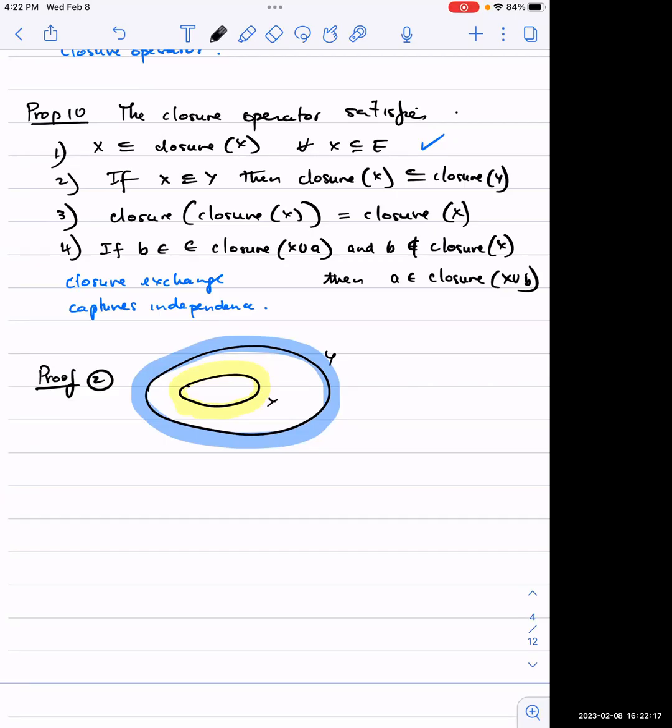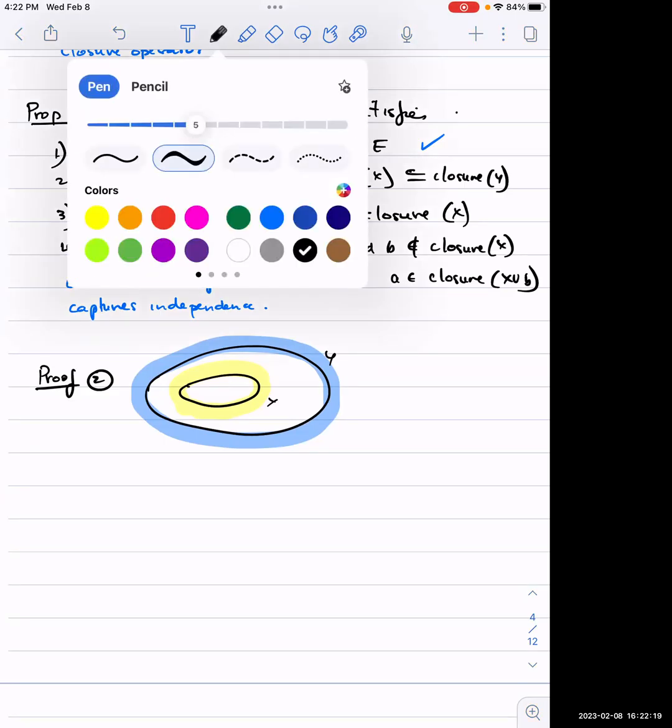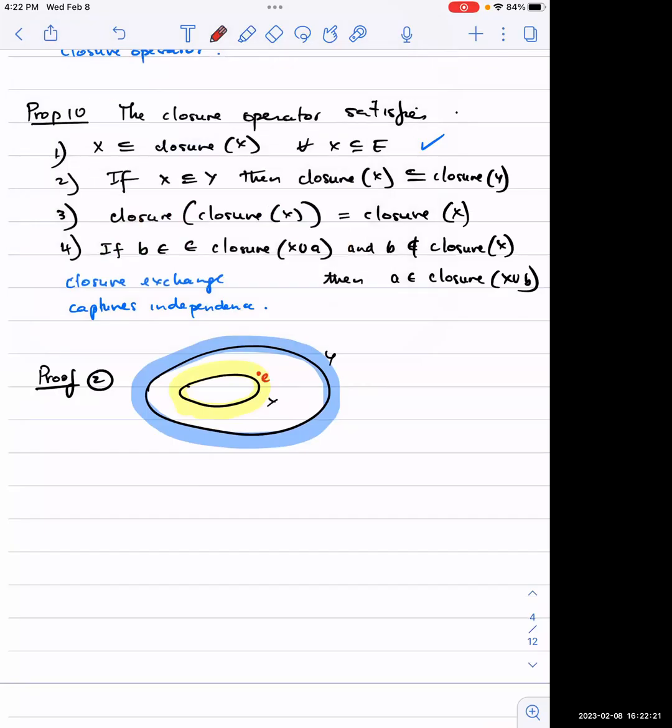Let E be a point in the closure of X, right? I mean, E could be here also, but let E be in the closure of X, and let B be a basis for X, right?